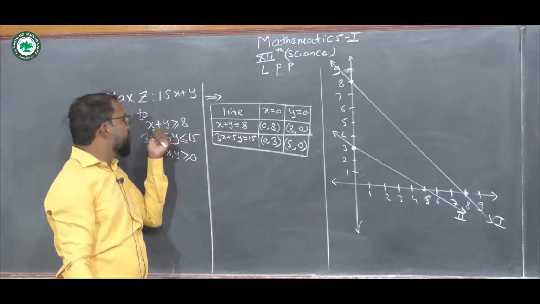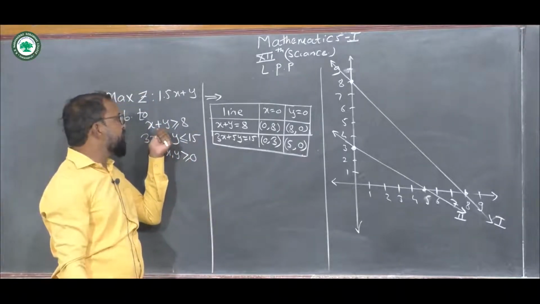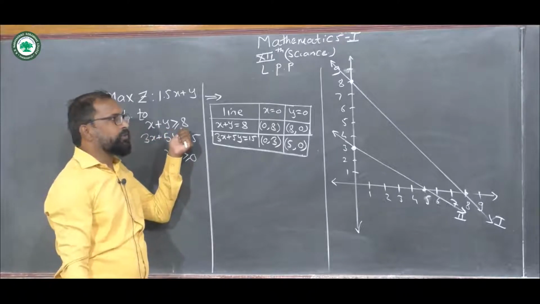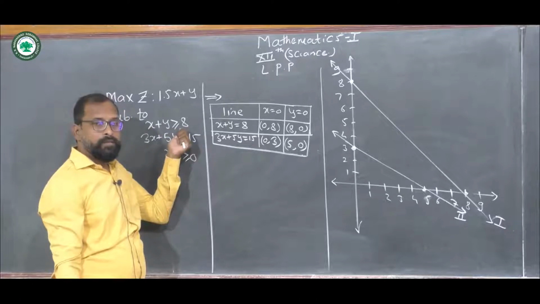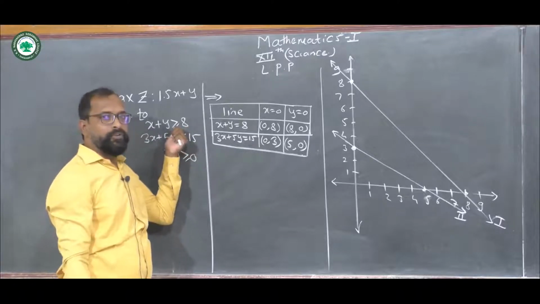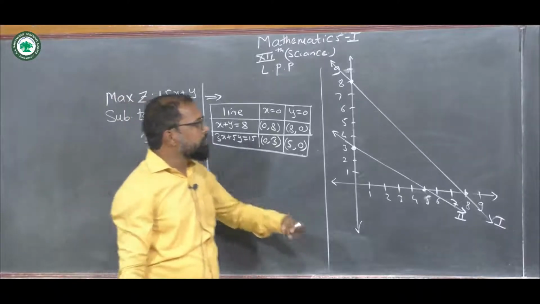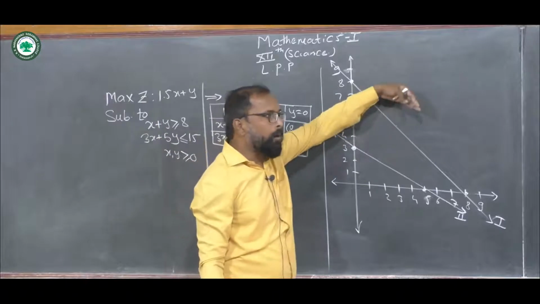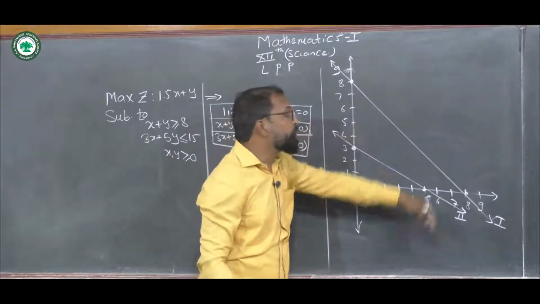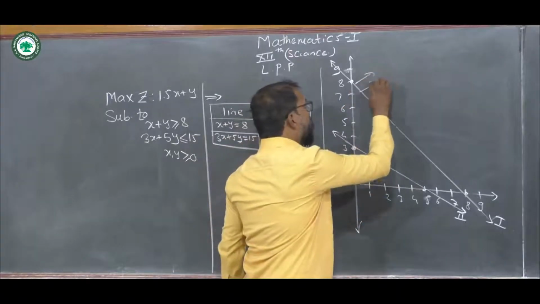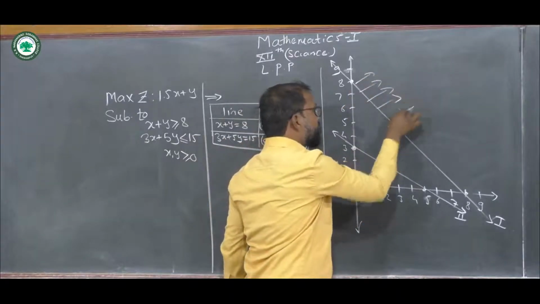Now, after plotting these 2 lines, observe the constraints. The first constraint is x plus y greater than or equals to 8. Since the constraint is of greater than or equals to type, we have to consider a region above the line, or we can say a region opposite to the origin side. So here we have to consider this region.